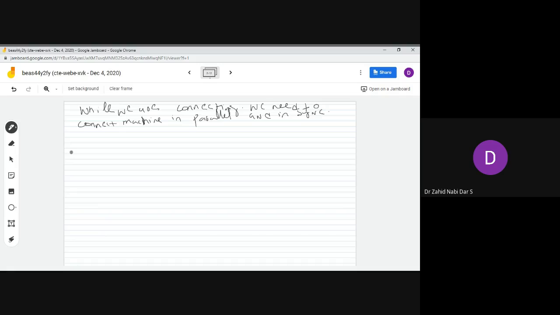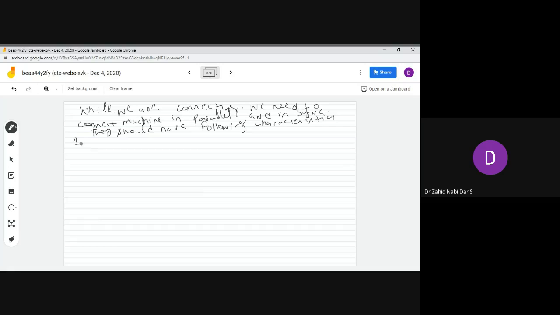In sync means they should have the following characteristics. The machines need to have the following characteristics.